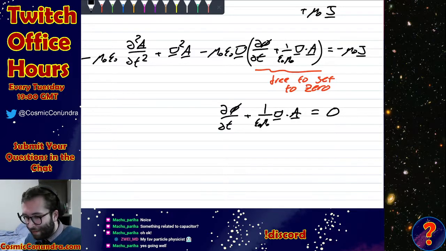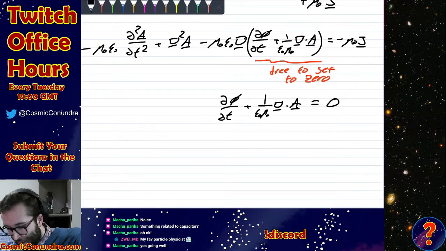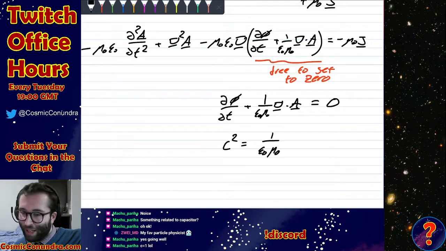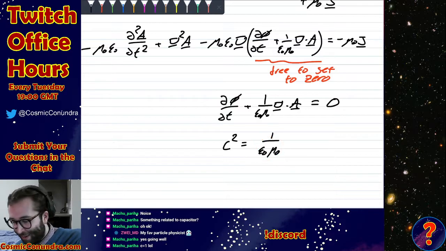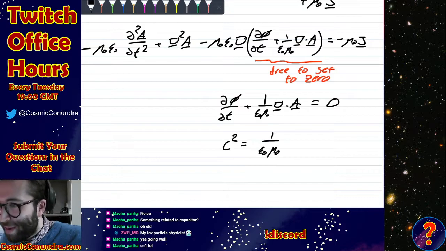Okay. And for convenience, because I'll use it quite a bit later, I'm going to remind you that c squared is equal to 1 over epsilon naught mu naught. Technically, I should probably just set c equal to 1. That would be convenient, because then it would get rid of this epsilon naught mu naught. But I don't want to set c to 1 right now, because I want to write it so that it's recognizable as electromagnetism.